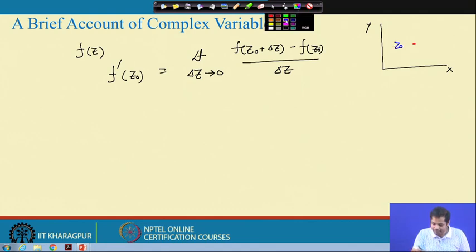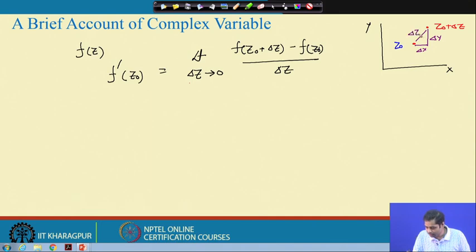So we take another point which is z0 plus delta z, and this delta z tends to 0. Now this is delta y and this is delta x, delta z.